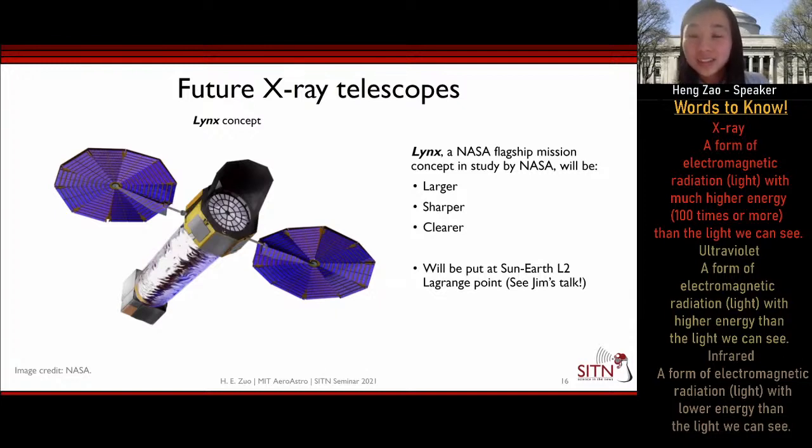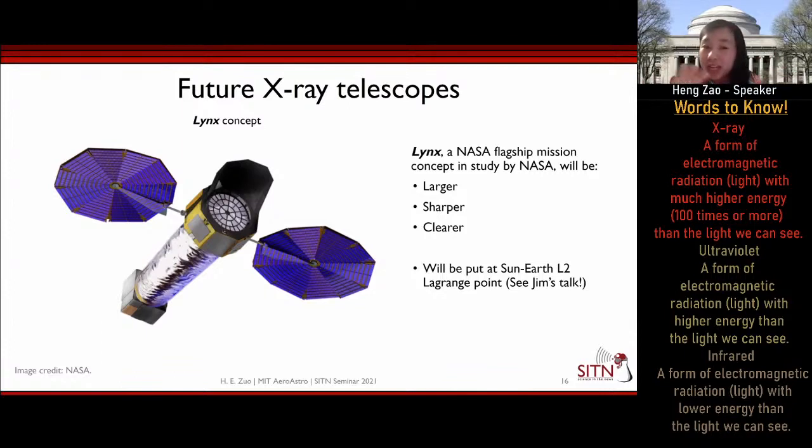All right, we have one more question, I think: do these telescopes take images as they're moving, and are there any challenges with that, or do they stop in mid-space and take photos? That's also a very good question. The audience are asking very good questions. This new one will stay at the Sun-Earth L2 Lagrange point, so it's more stable. It will look at one object for some time and collect the data.